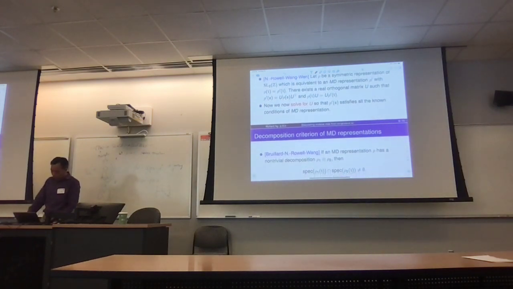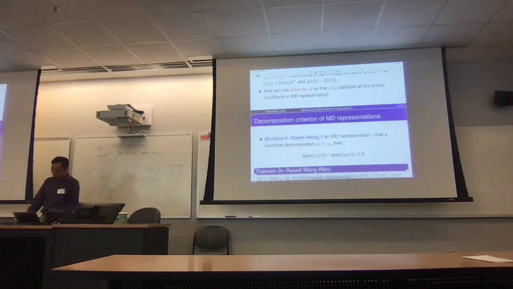Now, in fact, the example that I gave you was irreducible. So what if it's not irreducible? Then it can decompose into a direct sum of irreducibles. This is actually a very crucial condition to prime it further. If you can decompose a representation into two non-trivial components, their spectra must overlap.